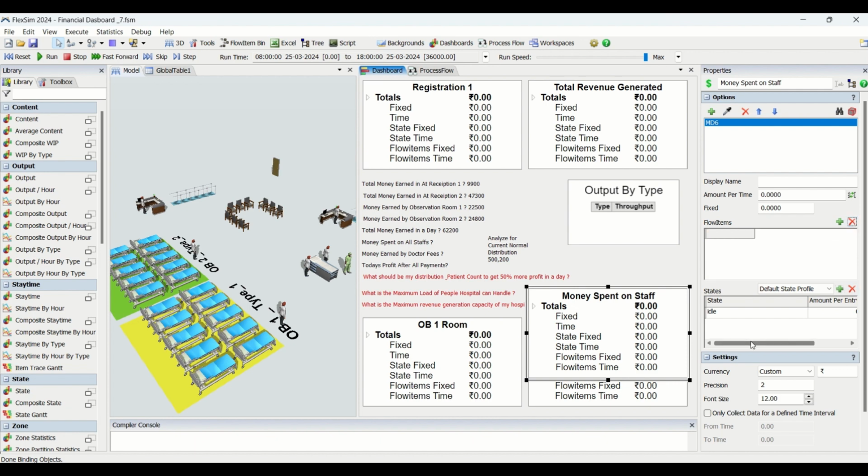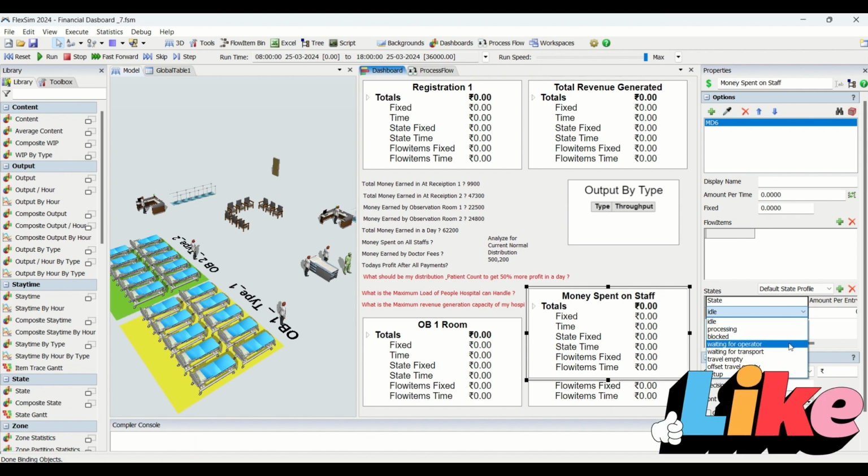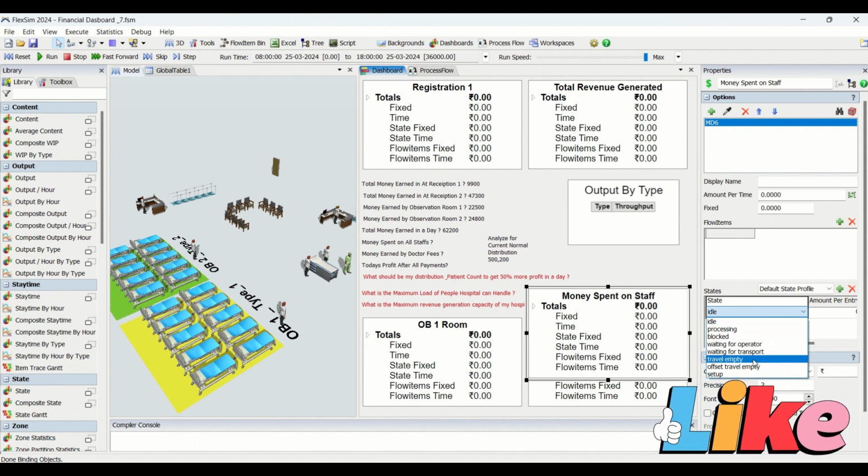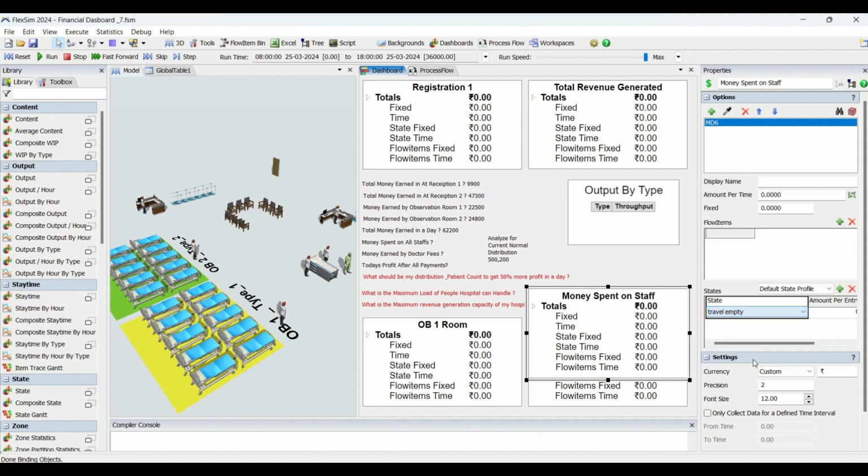Let us remove this now and analyze this for the states. So what we can say is that whenever an object or this operator is traveling empty, okay, we can assign an amount here for every trigger wherever it is going to be empty.